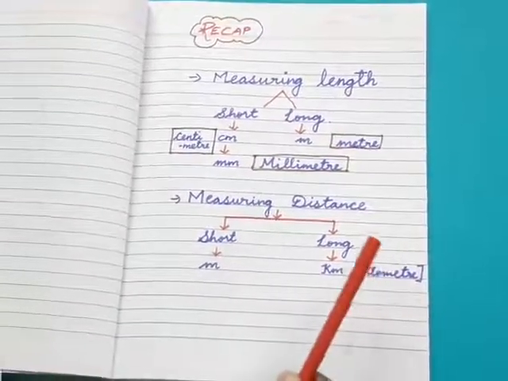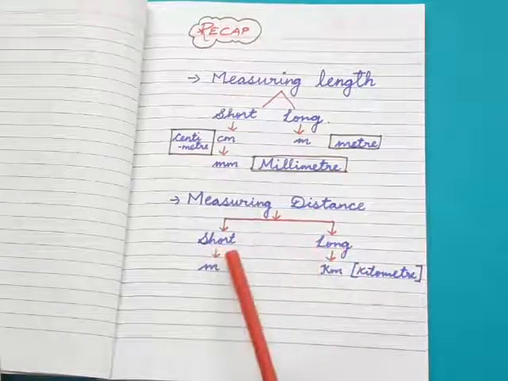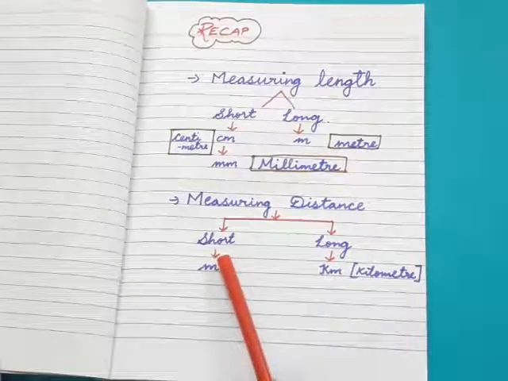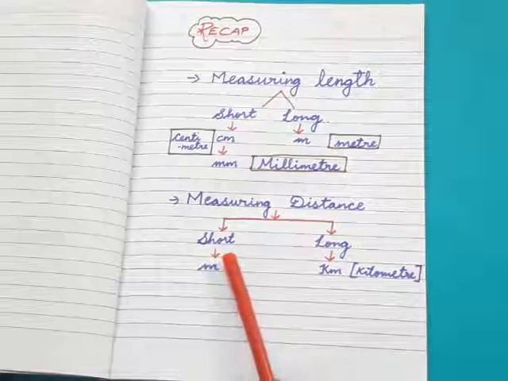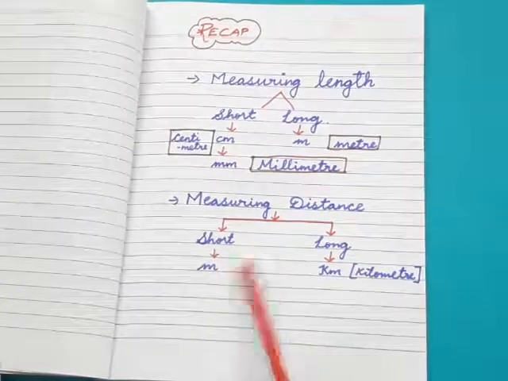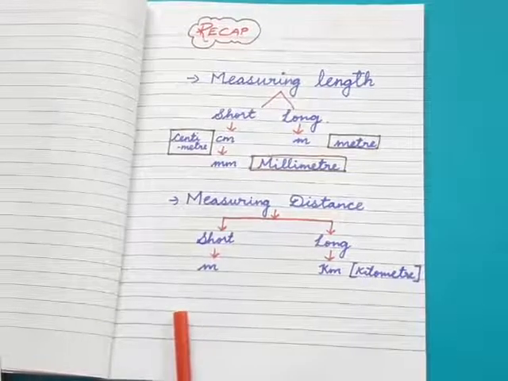Now I am just recapping it. The measuring of distance is divided into two types, short distance and long distance. Short distance is measured using the unit meter. What unit is used to measure short distance? Meter. So I have denoted here the short form of meter.